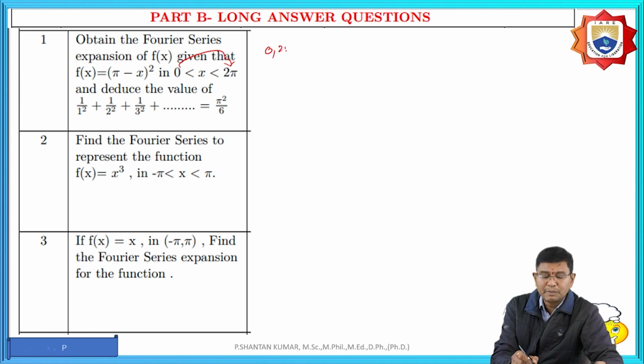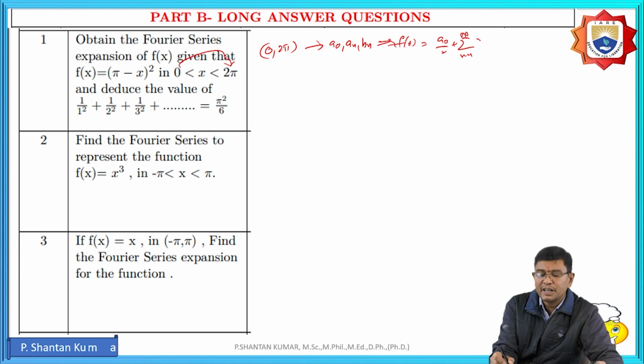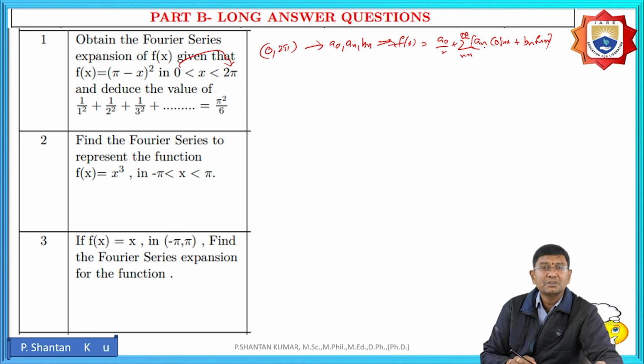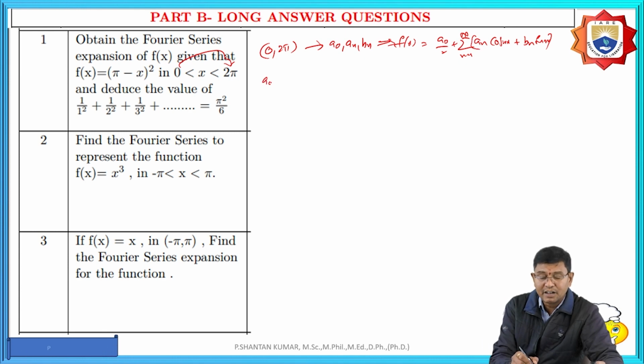With limits 0 to 2 pi, we need to calculate the values a0, an, and bn. Therefore, the required Fourier series is f of x equal to a0 by 2 plus summation n equal to 1 to infinity of an cos nx plus bn sin nx. And here also we need to find the values by the formulas: a0 is equal to 1 by pi, there is no need to change anything, directly 0 to 2 pi of f of x dx.